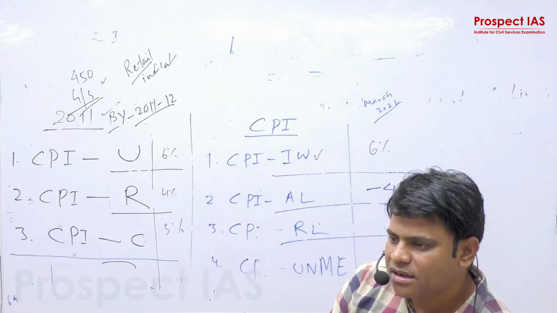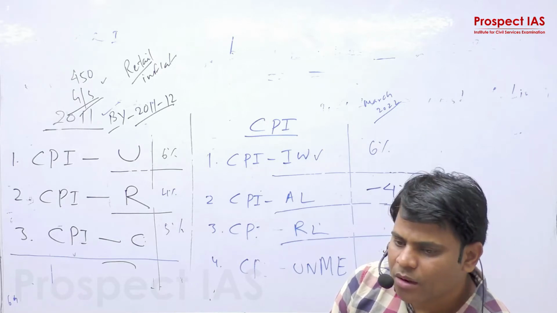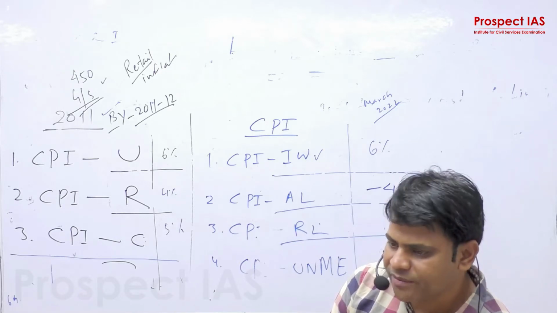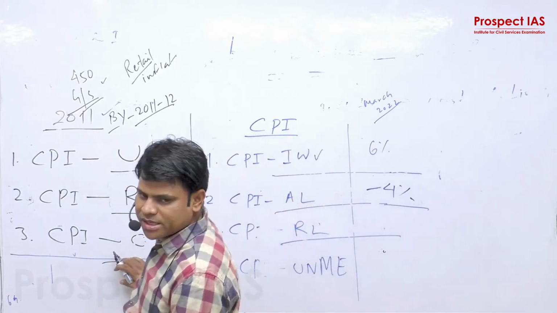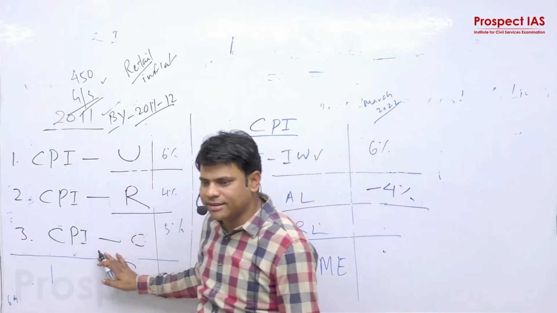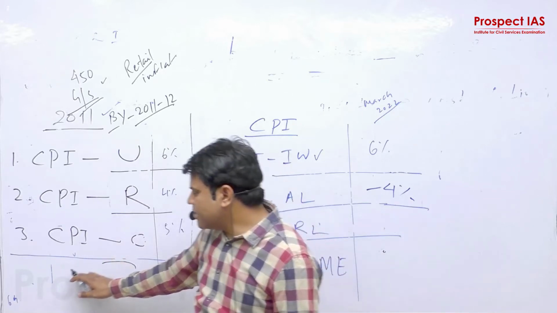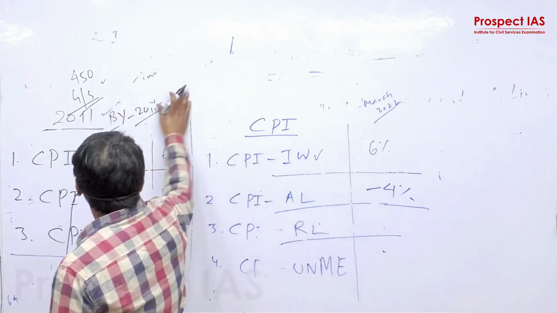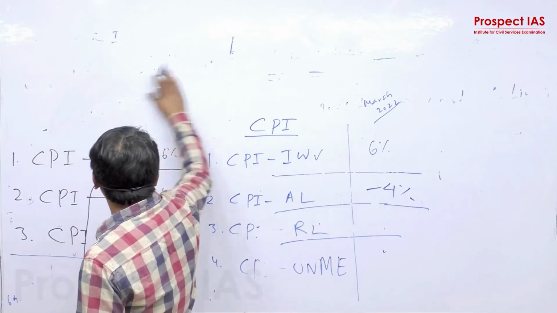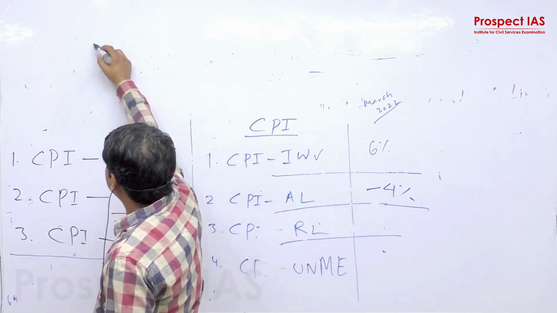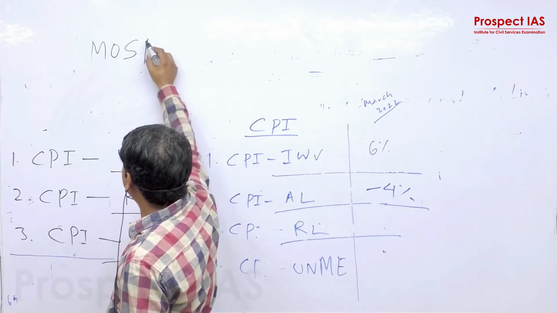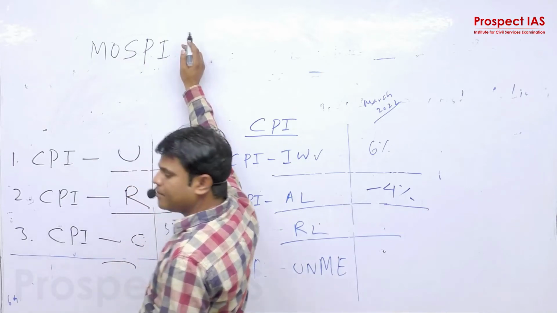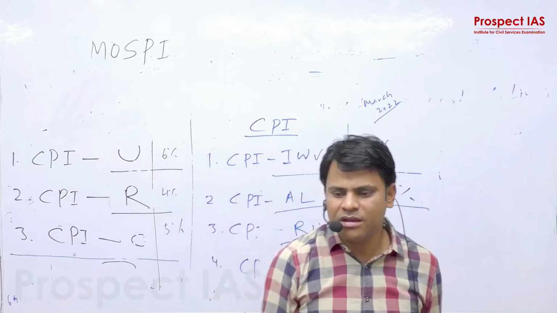Now we'll say which ministry or department of Government of India publishes CPI based inflation, right? These three variants of CPI, CPI-U, R and C, are published by the Ministry of Statistics and Programme Implementation, MOSPI, है ना.